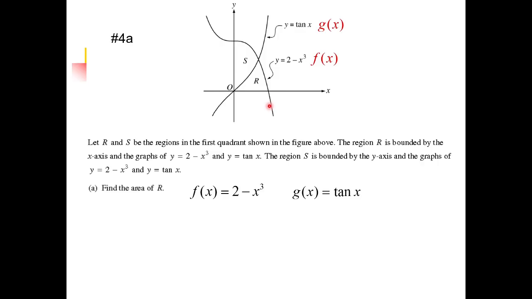One would be to rewrite all of these in terms of left-right functions instead of up-down functions, and then I could do some integration with respect to the y-axis. But if you haven't gotten there yet, or just don't feel like doing those conversions, another way to do this would be to just do two integrals and switch your functions between the two integrals.